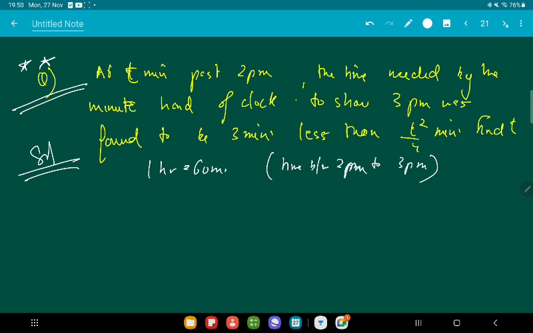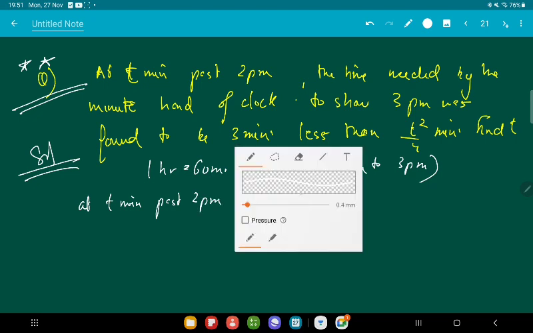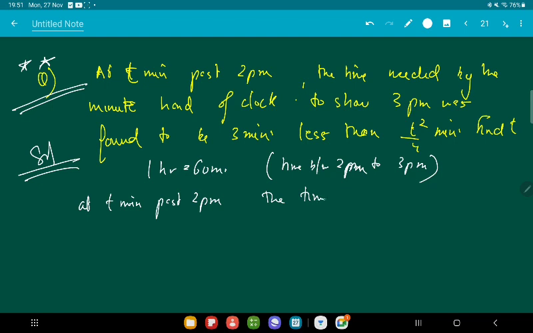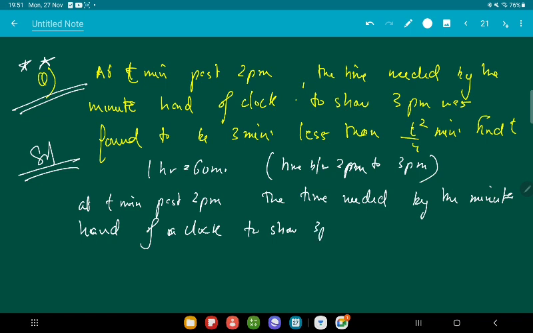Okay, so given that at t minutes past 2 p.m., the time needed by the minute hand of a clock to show 3 p.m. was found to be 3 minutes less than this.